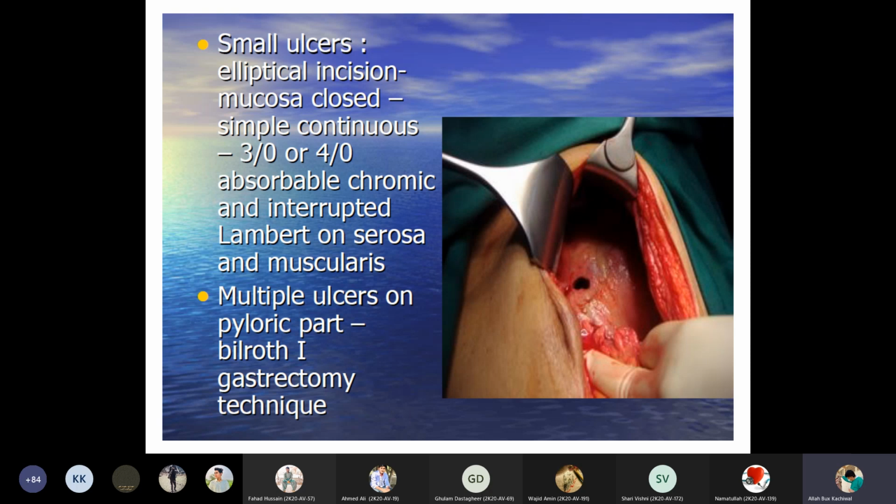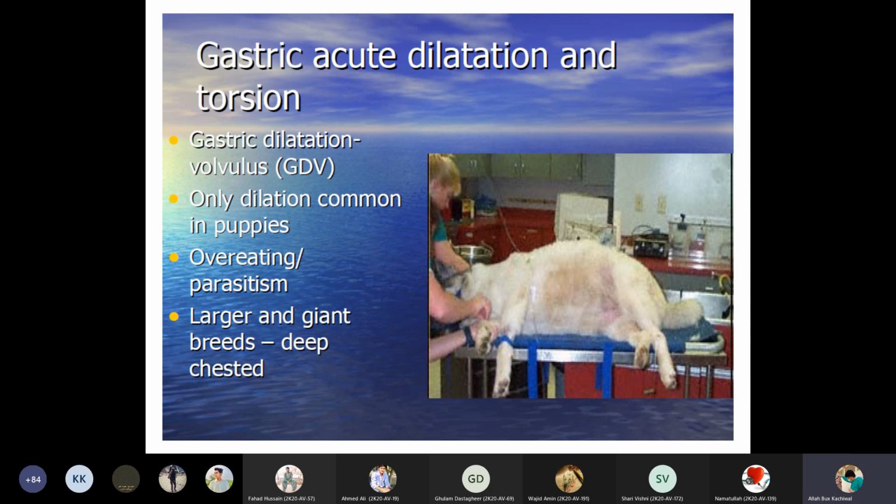For multiple ulcers on the pyloric part, the Billroth 1 gastrectomy technique is used. So if there are multiple pyloric ulcers, they can be treated with a gastrectomy technique, meaning removal of a portion or part of the stomach. Gastric acute dilation and torsion, gastric dilatation volvulus, are common in puppies, with overeating, parasitism, and large and giant or deep-chested breeds.